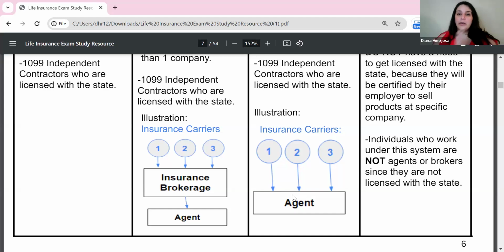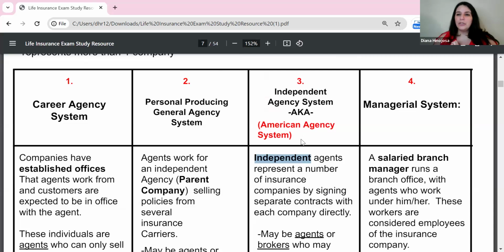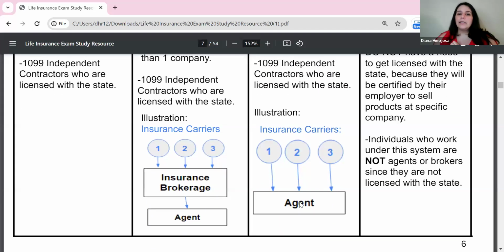And then I'm going to call another company that also participates in this American agency system and say, hey, do you participate in the system? Let me sign a contract directly with you. So now I work with Mutual of Omaha, Transamerica, and F&G. And guys, I'm just giving examples. I don't know if those companies participate in these systems, but as I'm going, we're going to just go with it.